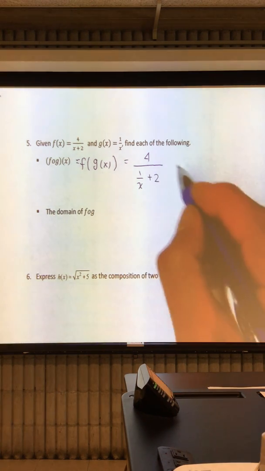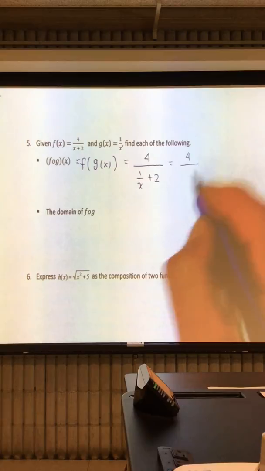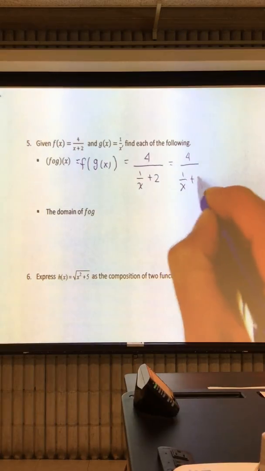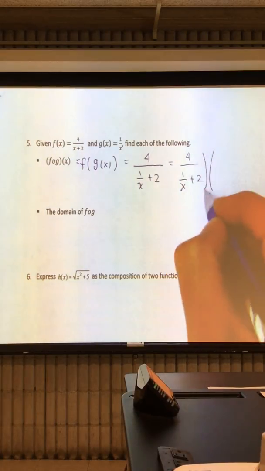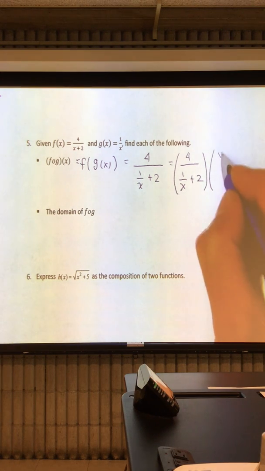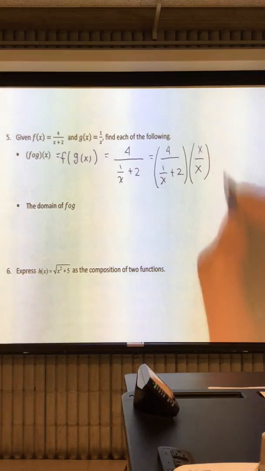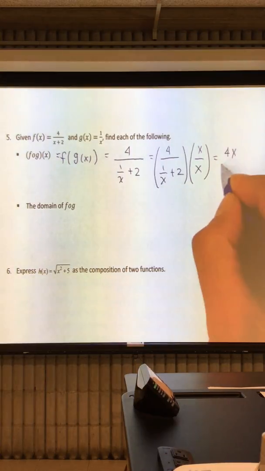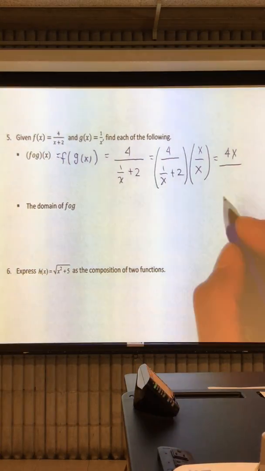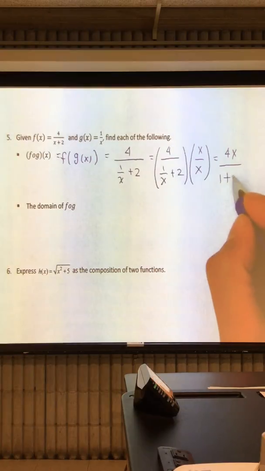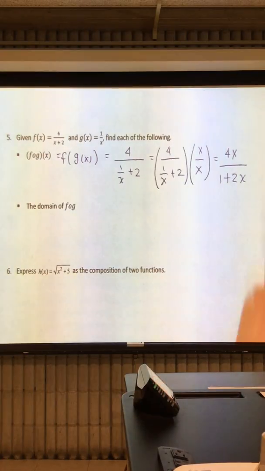Okay. And to simplify this, an easier way to do it will be to multiply the whole fraction by x over x. And that will give us 4x in the numerator, and in the denominator, x times 1 over x is 1 plus 2 times x.